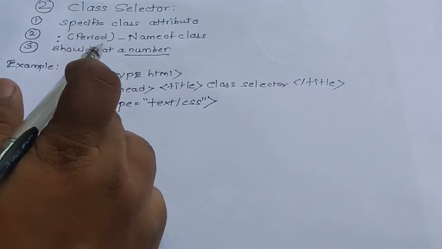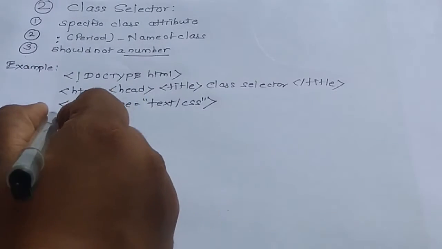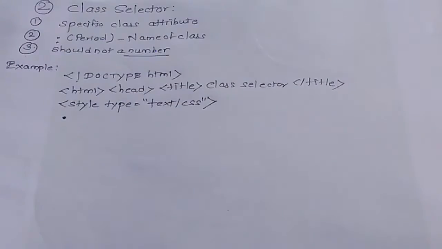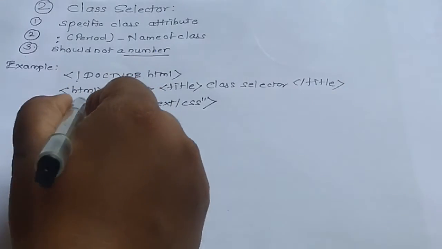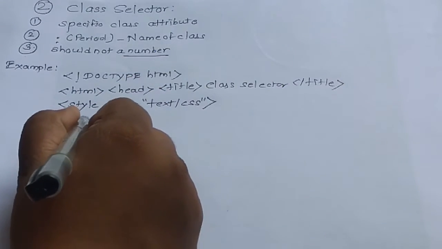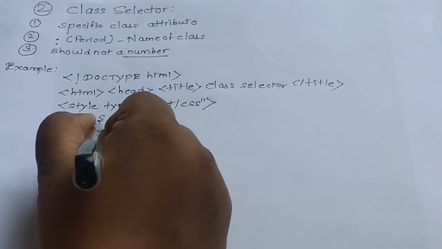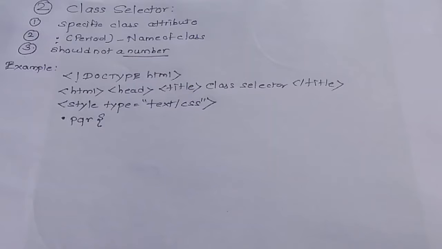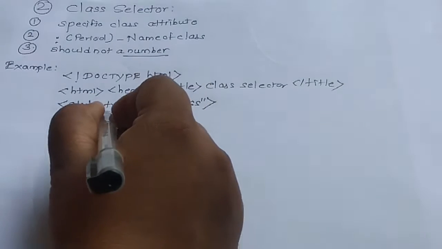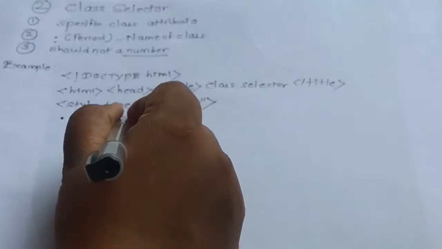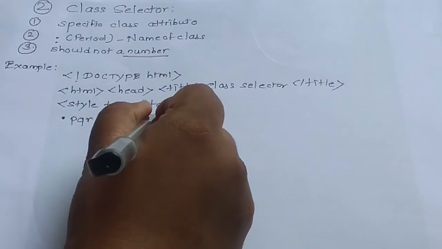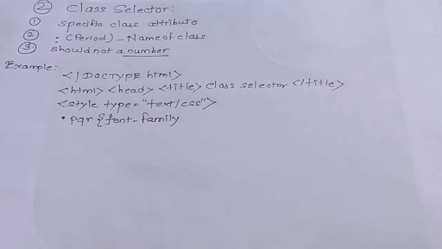Now after this we have to define the class selector. Suppose I am writing the class selector starting with a dot, and here I will use the class name as PQR. Now suppose information technology is the text, and for this I want to set some properties: the letter spacing as 10 pixels and font name as Arial. So how to define it? To define the font name, we use the property known as font-family.